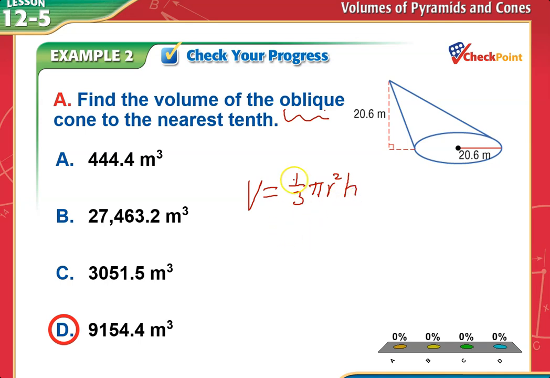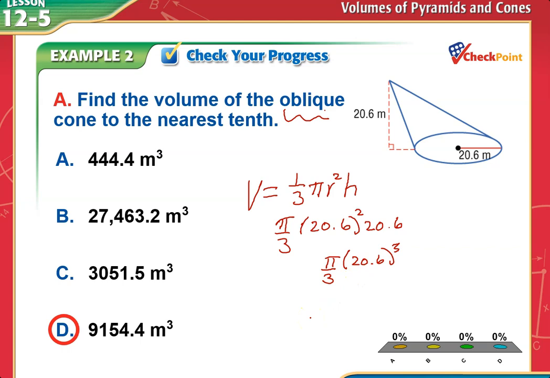My r is 20.6. So we have 1/3, or pi over 3, I guess we could say, right? Multiply by 20.6 being squared, multiplied by a height of also 20.6. So I guess we could say pi over 3 times 20.6 to the 3rd power, if you wanted to.